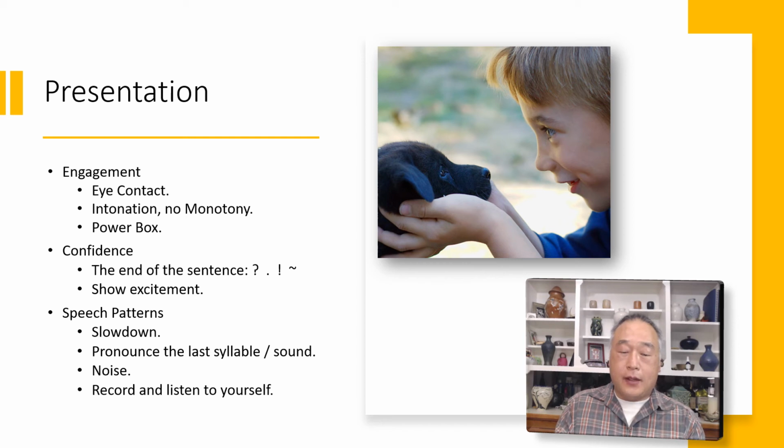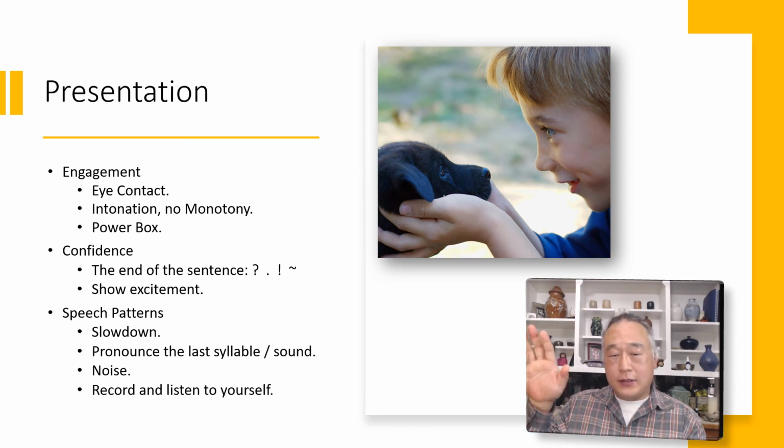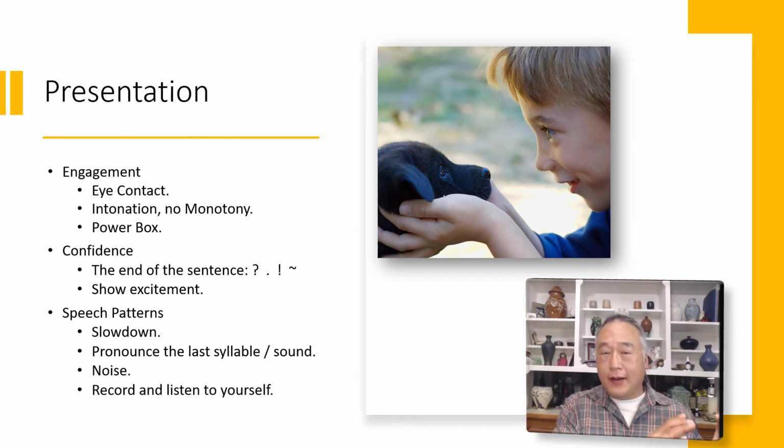So another thing that I want to talk about is the power box. Right now you're watching me in that little box down there. So that's my power box. You see the bulleted list and the little image up there, but I'm down here.